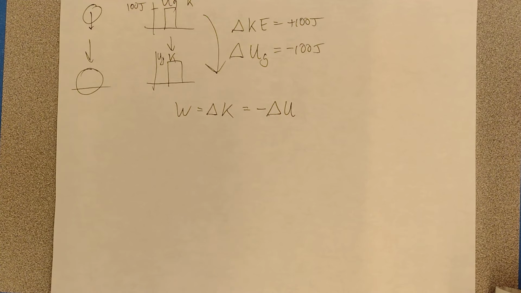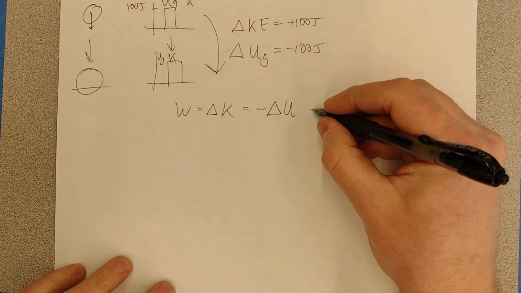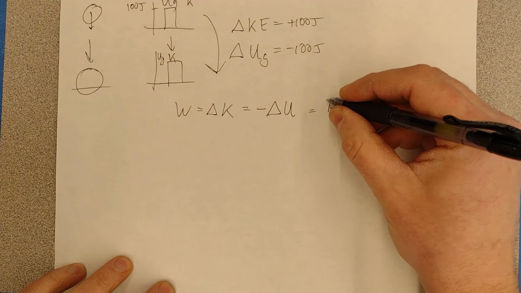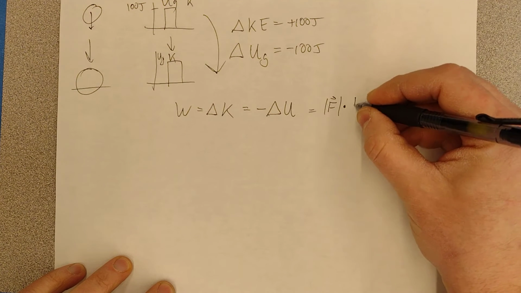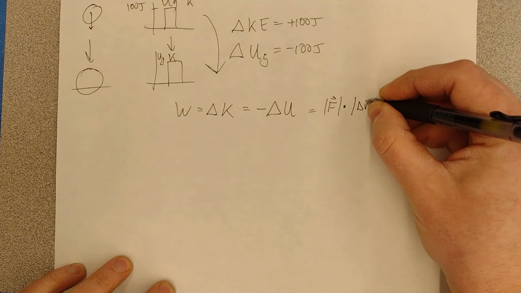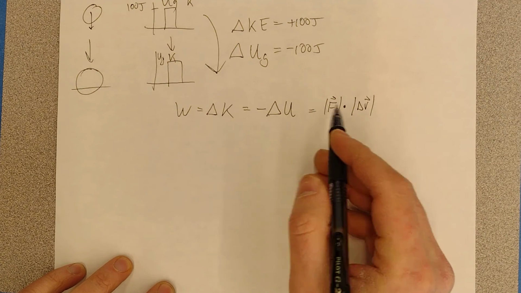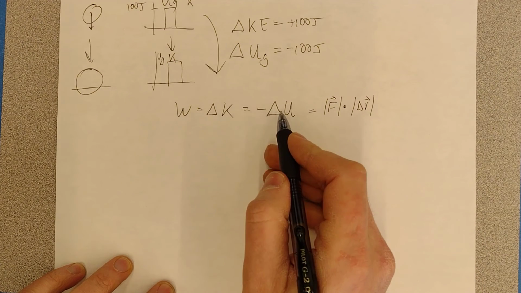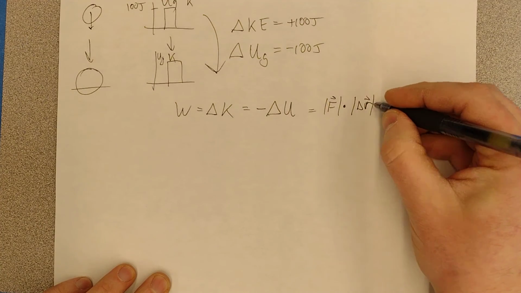We see that sometimes, and that's important, believe it or not. That can also be F dot delta R, so the work can be equal to the negative change in potential energy. That's something we do often see.